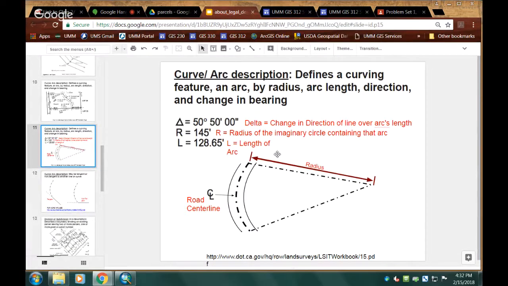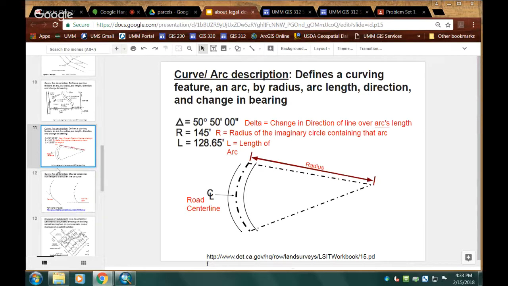So a curved line is usually described as the change in direction over the line's length. That's the delta, the radius of the curve. So where the center of the circle that would be described if it went all the way around would be, and the length of the arc, so how long this arc is.